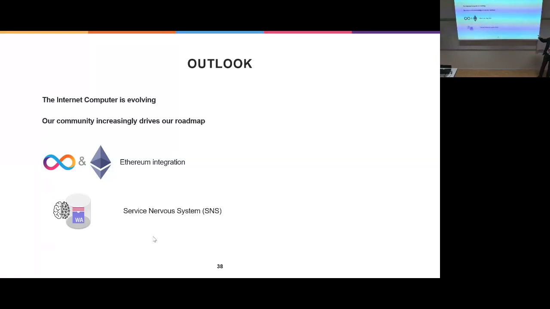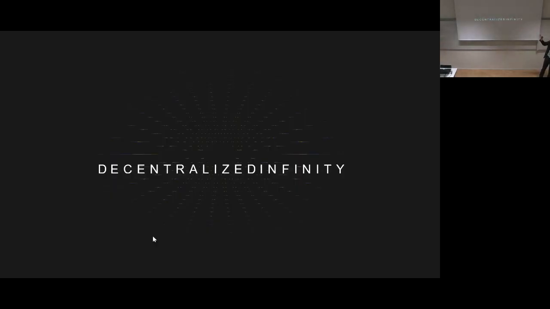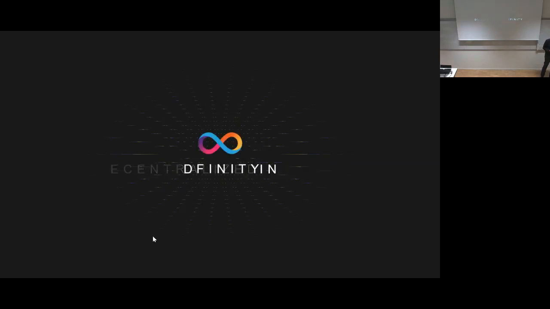So it brings decentralization to the extreme level. Essentially, it's total decentralization of everything. And combining this total decentralization with the limitless scalability of the internet computer, we obtain decentralized infinity. Thank you.